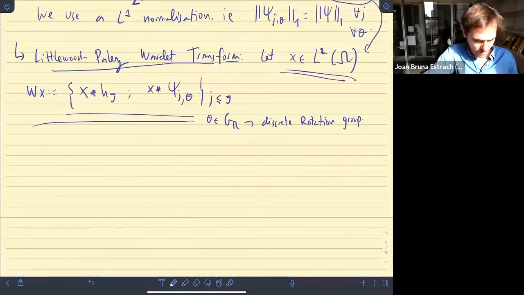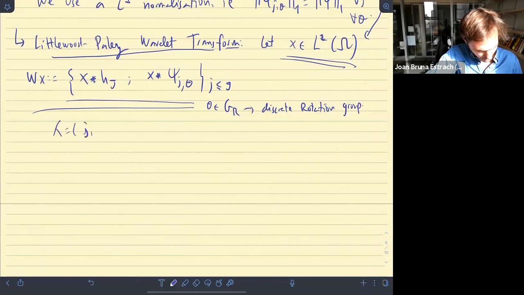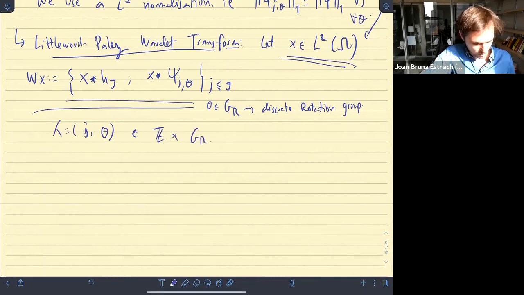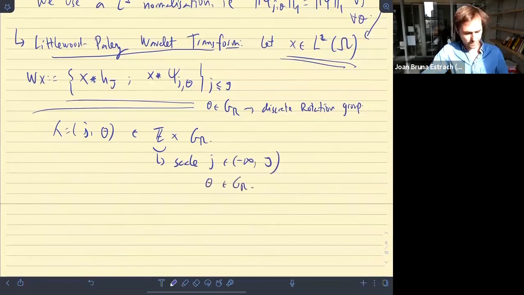So the index here, if I pack both the scale and the angle, this lambda belongs to basically all the possible integers times this scale j that belongs to minus infinity to j, and then the angle also becomes this t.